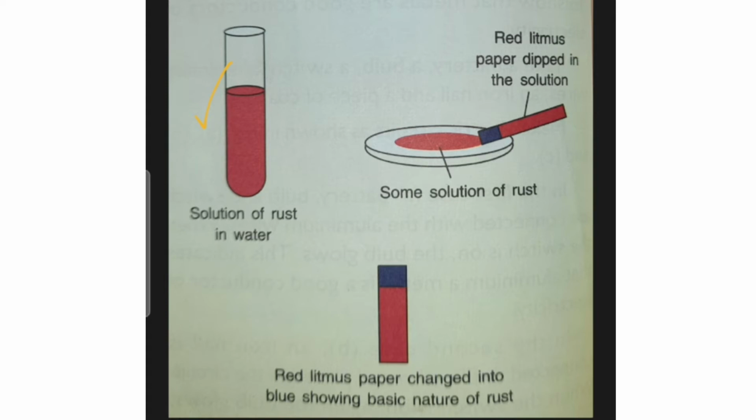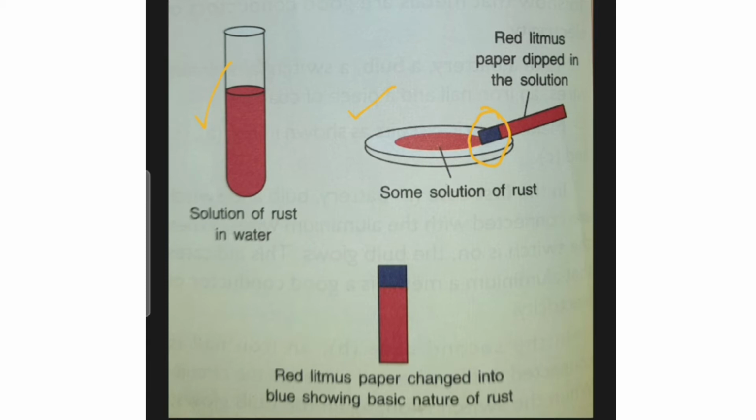Now introduce blue litmus paper. First we pour it on a plate, and then we introduce blue litmus paper and red litmus paper one by one in this mixture of water and rust. We can observe that the red litmus turns into blue.